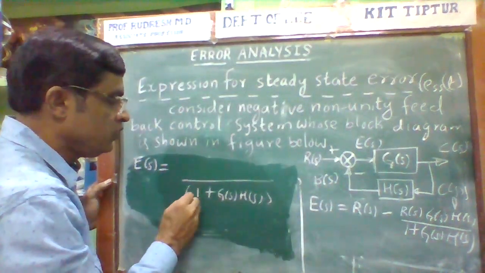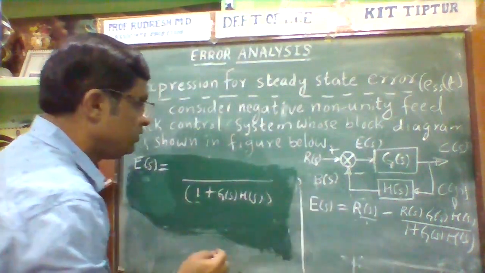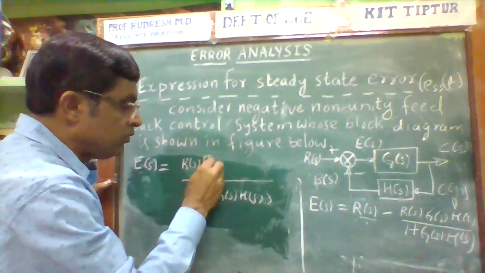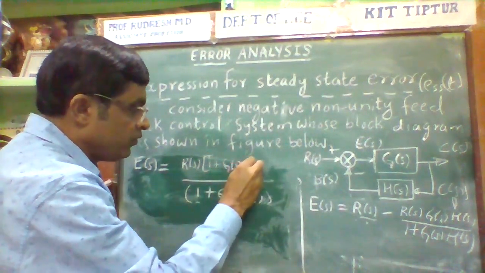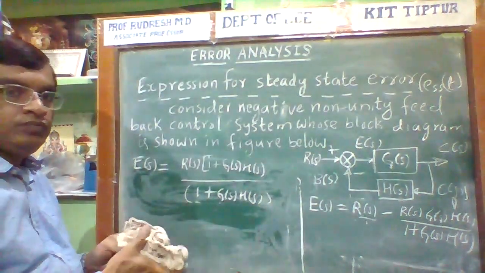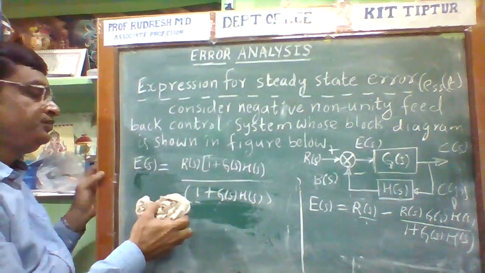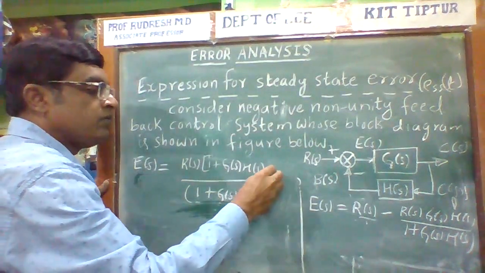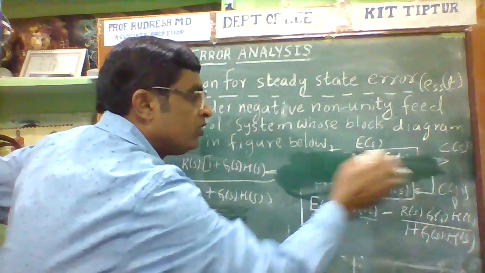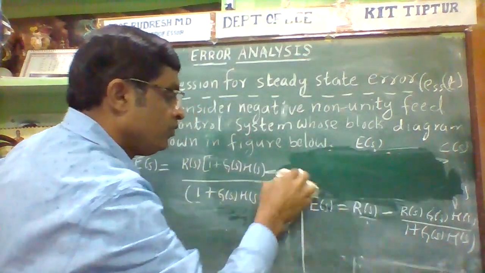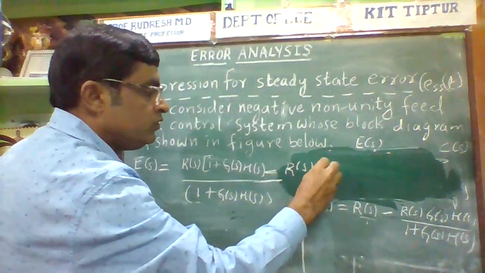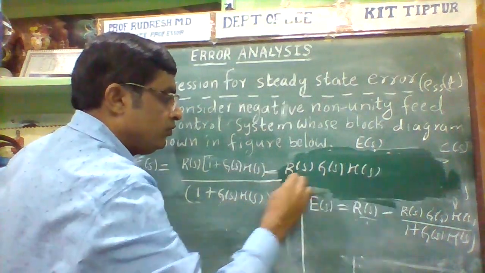Here there is a 1, so R(S) into this term 1 plus G(S) into H(S), minus the remaining term, which is R(S) G(S) into H(S).